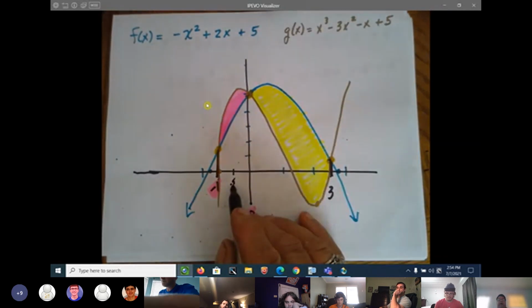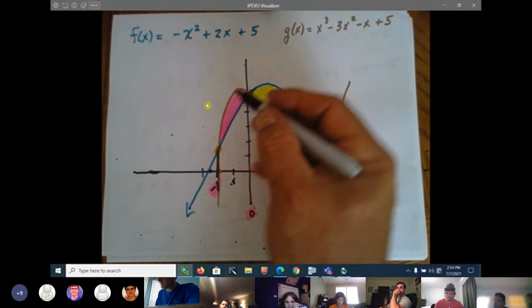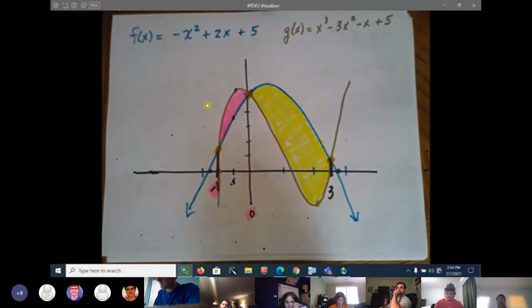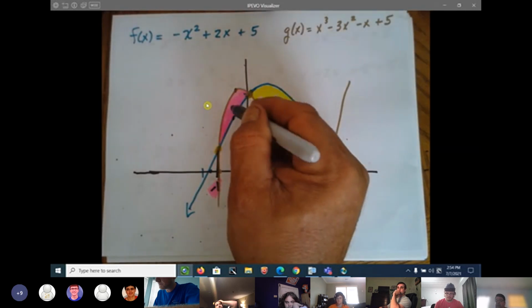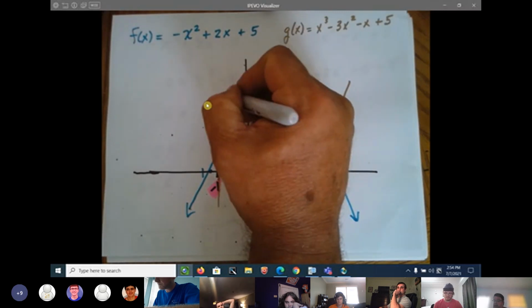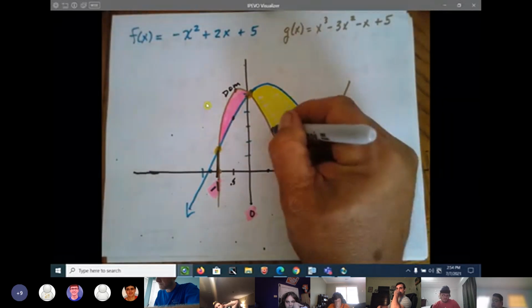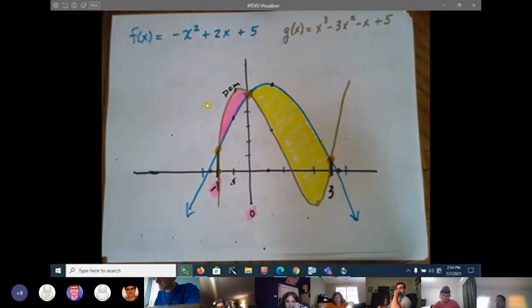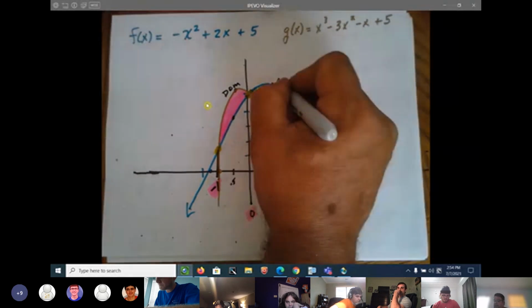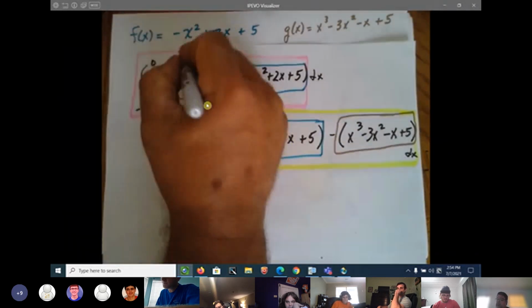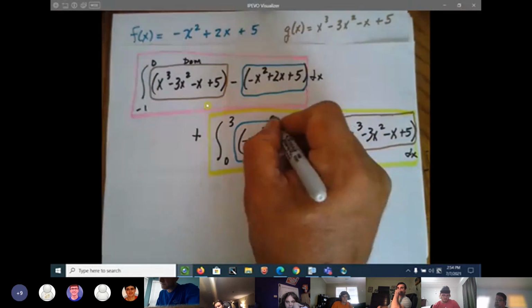When I plug in 0.5, I get a number here and a number here. Which one's higher, the blue or the brown? The brown. So on the pink region, the brown is dominant. Okay, let's pick 0.5 right here on the yellow region. There's your point and there's your point. Which one's dominant, blue or brown? Blue. And that's the one that's dominant. So when you set up your function, here's your dominant, and here's your dominant.